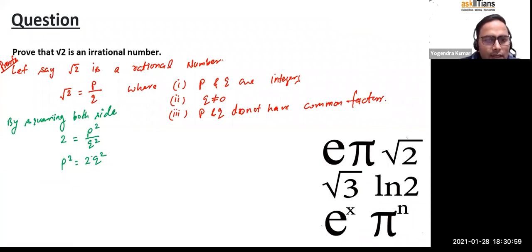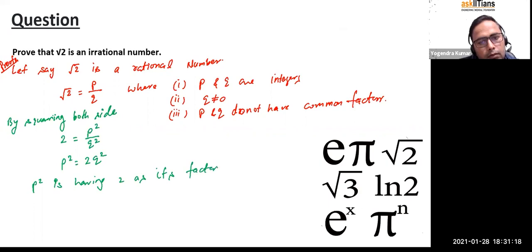So we say p square is having 2 as its factor. Now we understand that p is an integer, right?